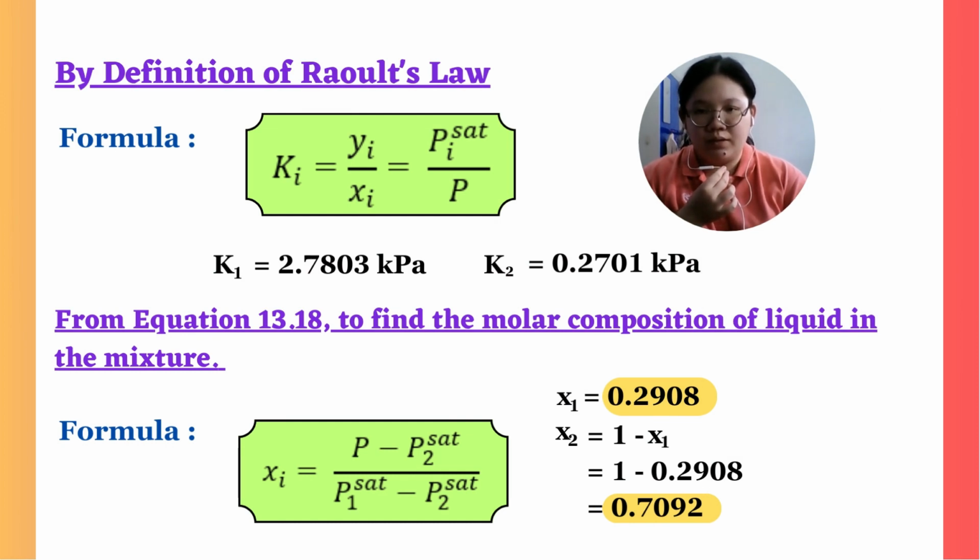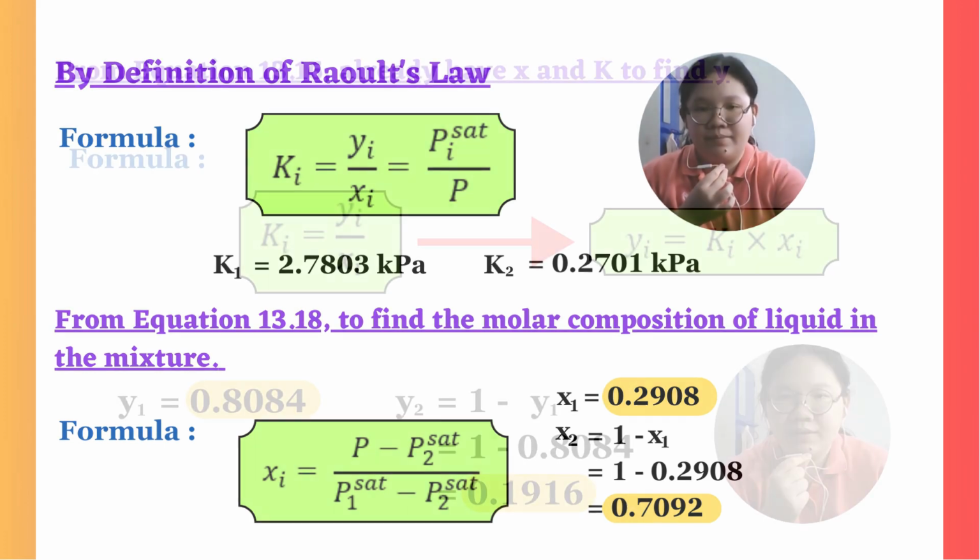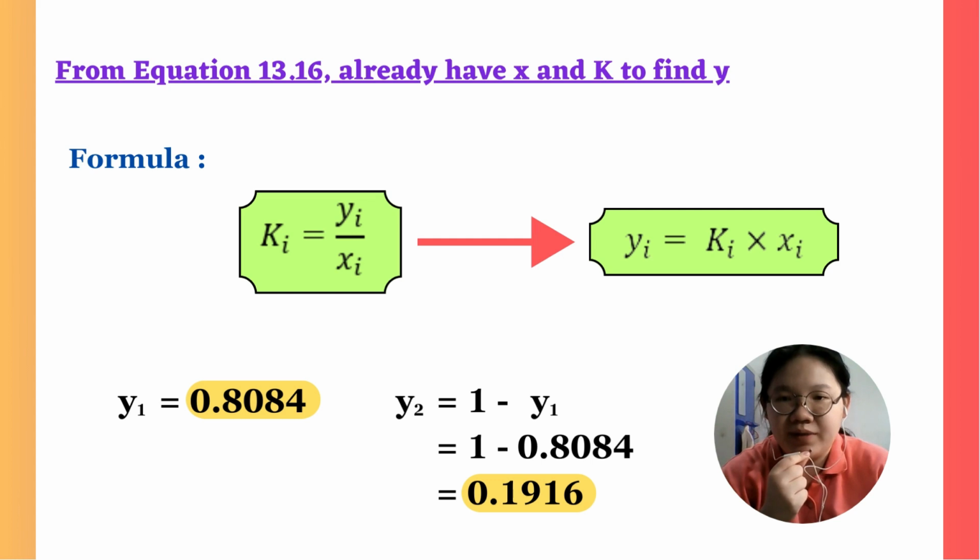Therefore, K1 is 2.7803, while K2 is 0.2701. From equation 13.18, we can find the molar composition of liquid for ethane is 0.2908, while for propane is 0.7092.